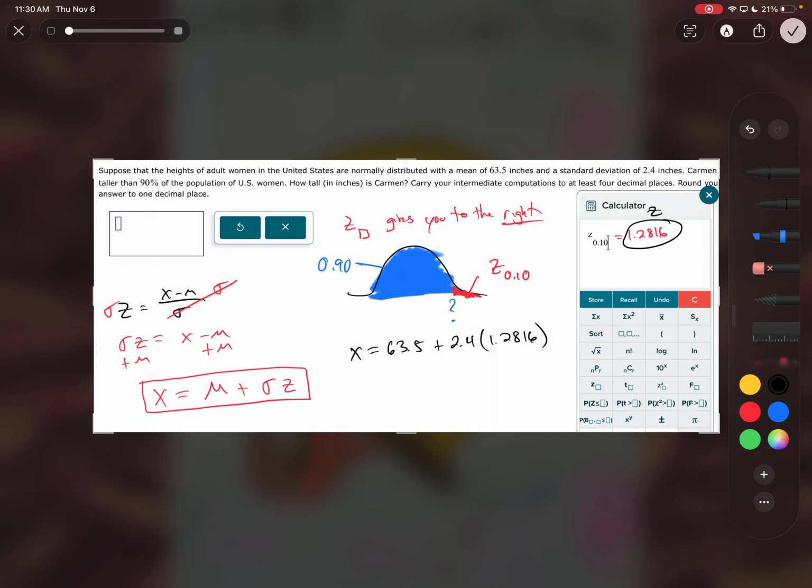And I didn't click solve to have the answer, so I actually got to work this one out. 2.4 times 1.2816 plus 63.5 is 66.5. Round your answer to one decimal place, actually. So 66.6. Okay. So you have to use the calculator to find the z-score that goes along with that percentage, and then you have to plug it in.